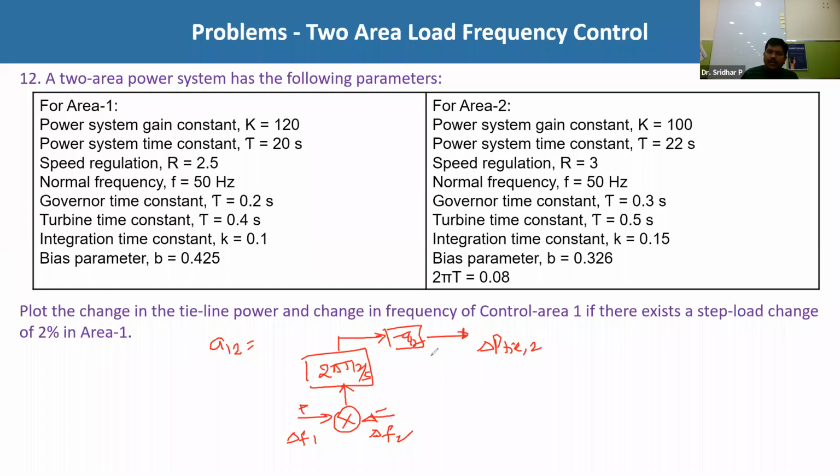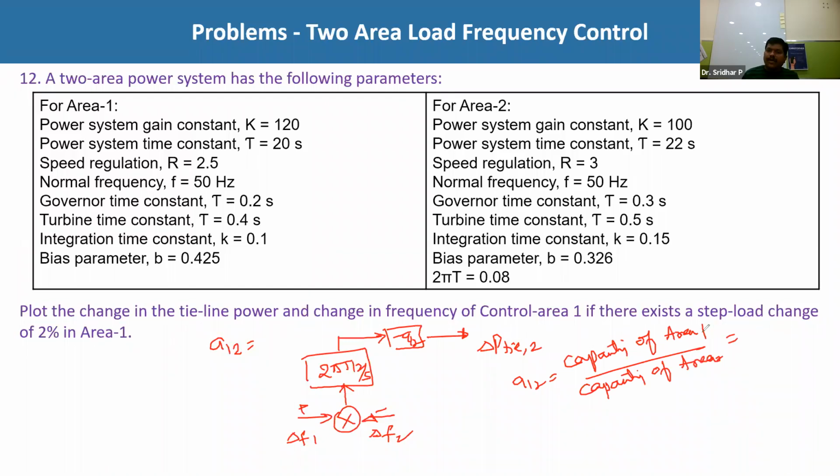So you have to calculate this A12. What is A12? A12 is nothing but the capacity of area 1 to the capacity of area 2.